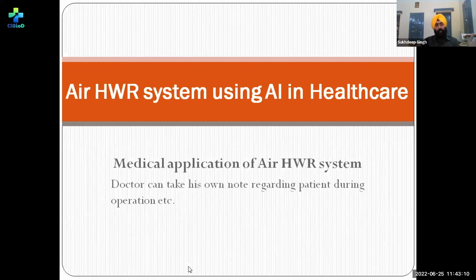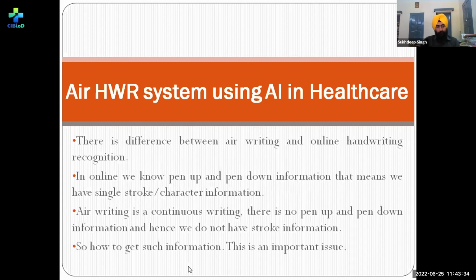One of the advantages of using air handwriting in medical science is that a doctor can take his own notes regarding the patient during operations. Whatever is in his or her mind, he can directly write or note without using cumbersome equipment. There is a difference between air writing and online handwriting recognition.